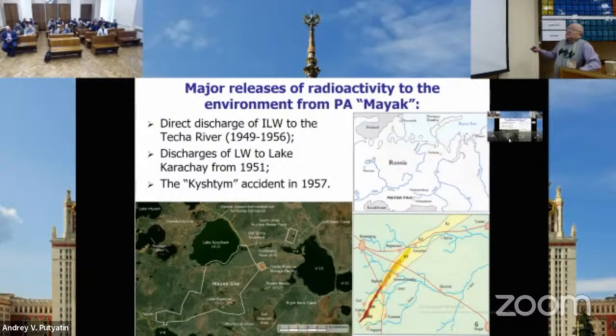Then the discharges of liquid radioactive waste to Lake Karachay started from 1951. And then the Kyshtym accident, the so-called Kyshtym accident in 1957. I should mention that the town of Kyshtym, which is located over here, has nothing to do with this accident. Actually, this was an accident on the site of Mayak.